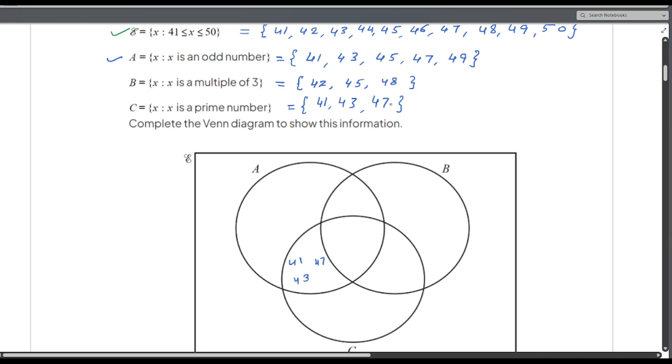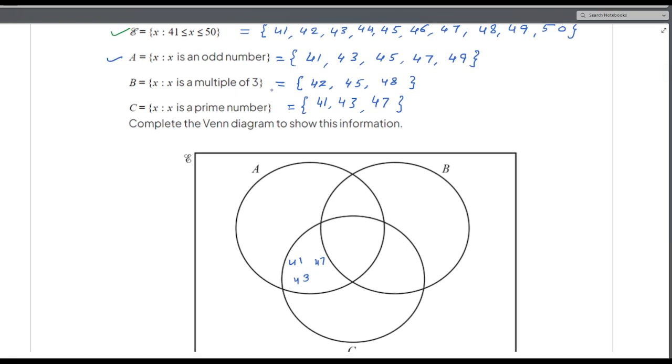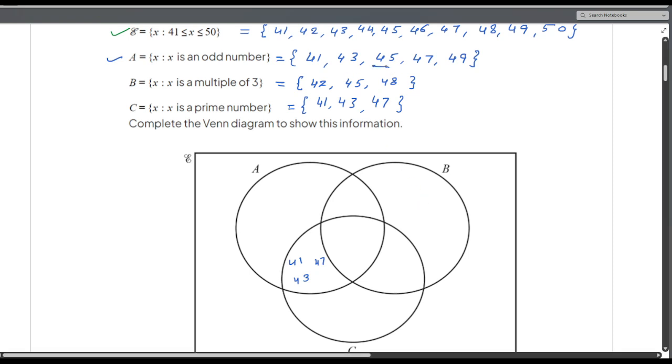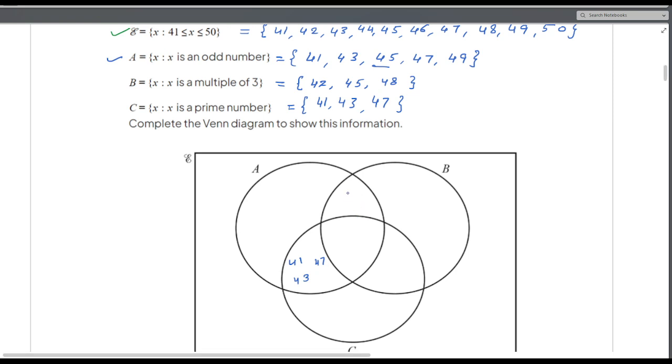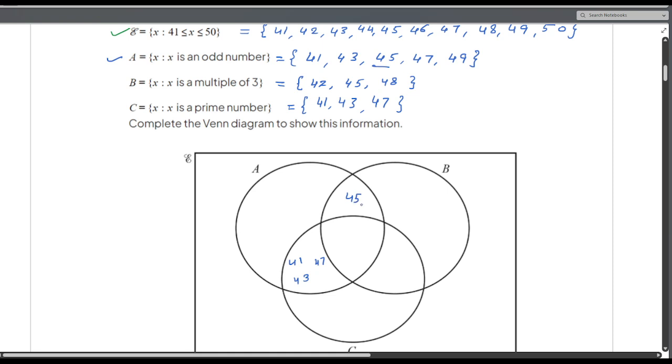Then set B is a multiple of 3. So multiples of 3, if I see here: 42, 45 and 48. Now 45 is common between set A and set B. So between set A and set B, I will write 45 here. Nothing is common between all three sets, so nothing will go here.